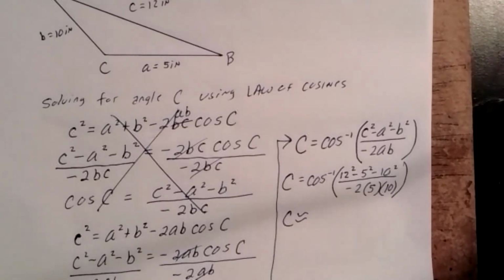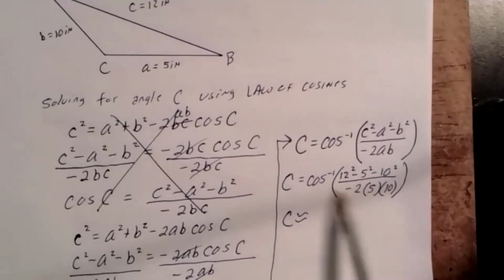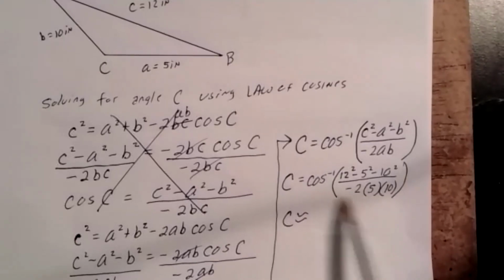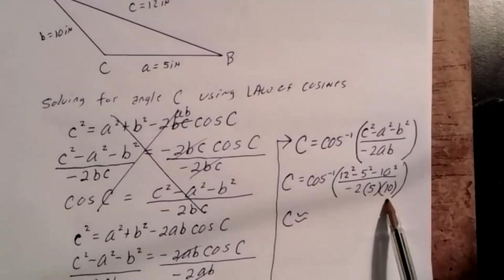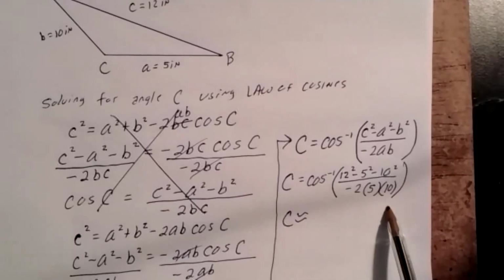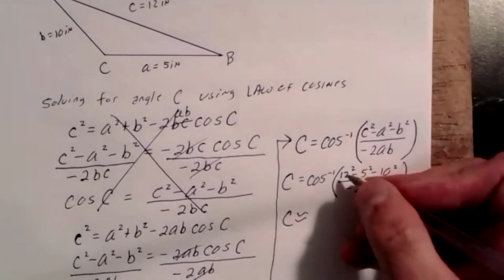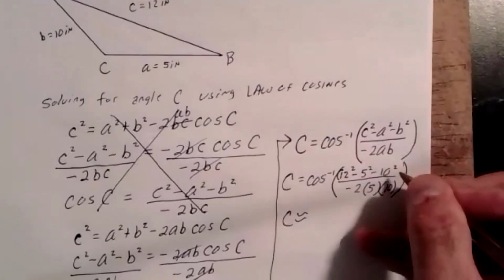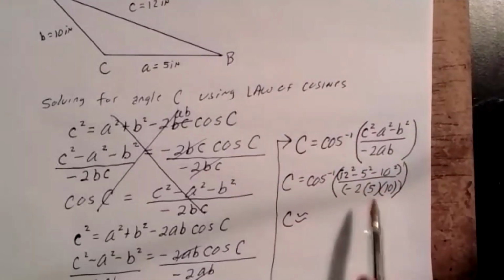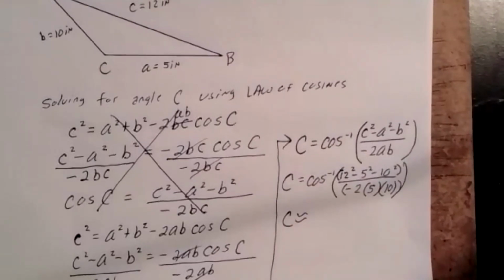Let me know if anybody gets an answer. I'm serious. Don't just look at this and think, yeah, I can do that. Actually convince yourself. If you've got your calculator handy, dial that in and see if you get the correct answer. There are many different ways of messing this up. I would strongly recommend you enclose the entire numerator inside parentheses and the entire denominator to avoid a logical error. Anybody get it?